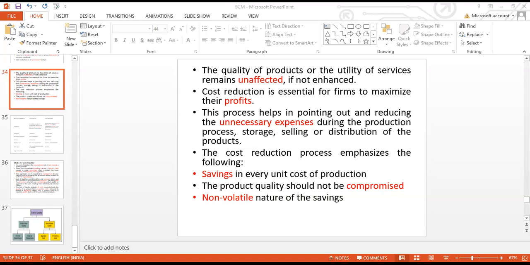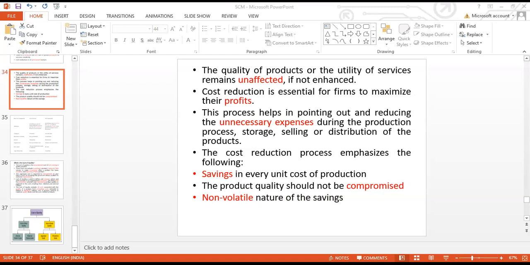As well as an organization, we will try to increase the profit. We will try to increase the trend of profit. Means what, every year I should focus to increase the profit of the organization. As well as I will get the strategic advantages.